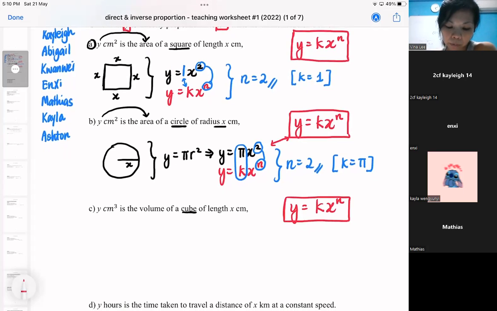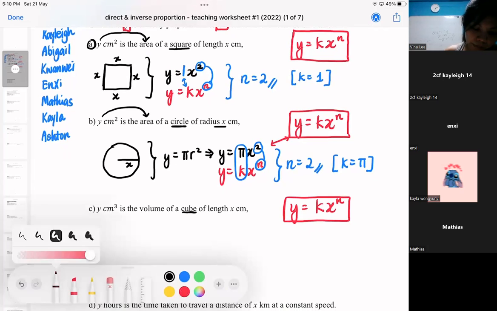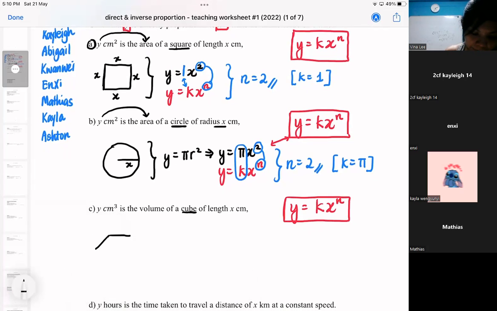The next one, we talk about a cube. I think some of you may be like, what is a cube? If you know what a 6-sided dice is, that is a cube, like this. It's like the ice cube.